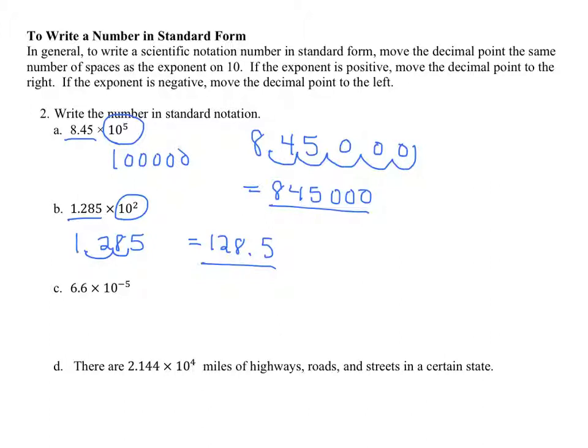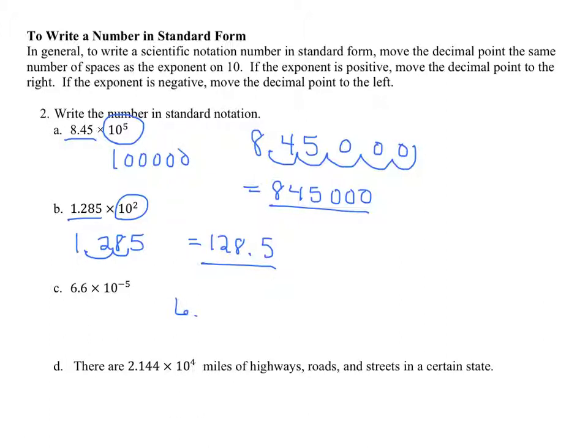Okay, 6.6 times 10 to the negative 5. Since it's a negative exponent, it's 1 over 10 to the 5th, right? So 1 over 100,000. So I'm really multiplying this number by 1/100,000th. So I'm making it smaller, so I have to move the decimal point to the left, 5 places.